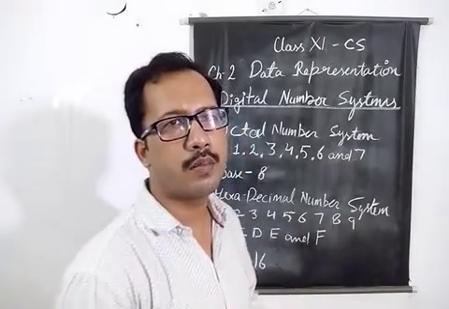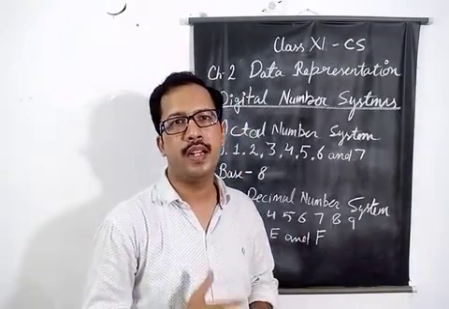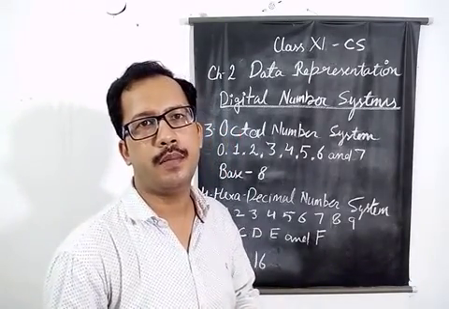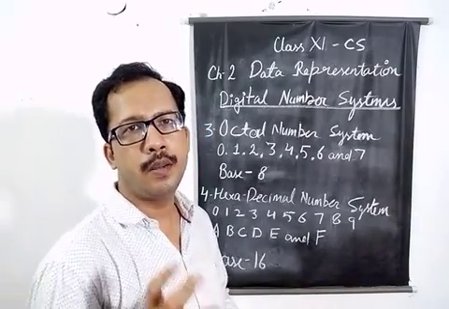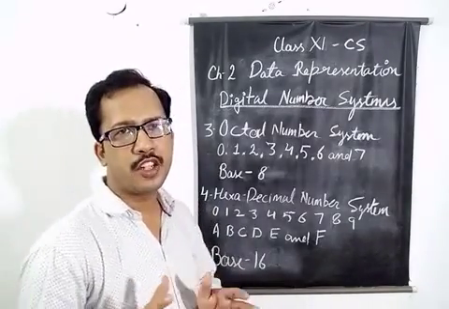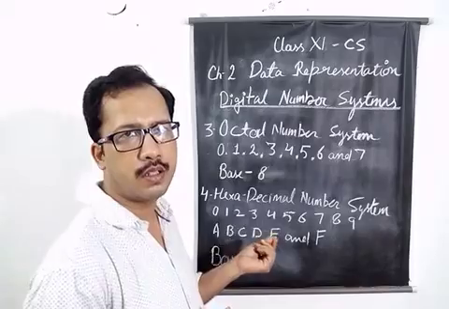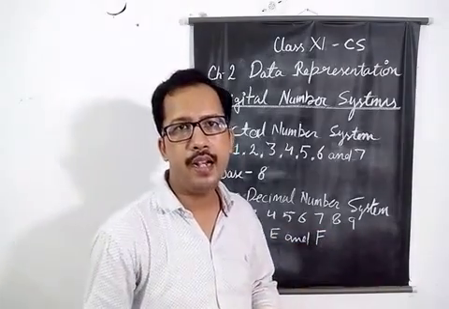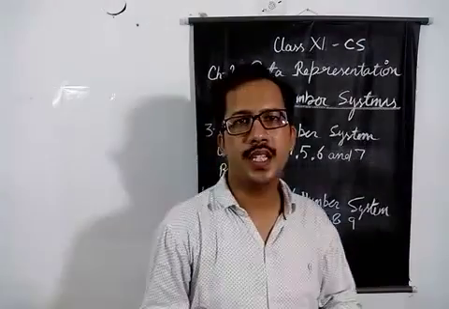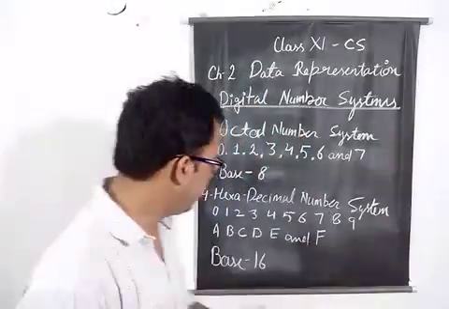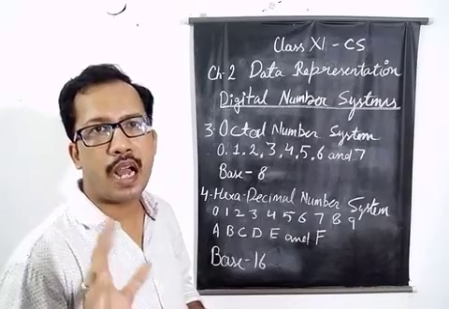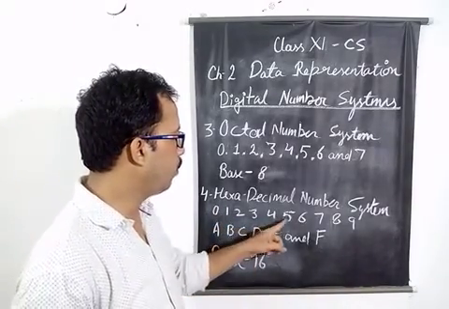Similarly, we have another number system known as the hexadecimal number system. The name says hexadecimal: hex means 6, decimal means 10, and 6 and 10 make 16. So it is a number system of base 16. Base 16 means it has digit symbols from 0 to 9 and letters from A to F. So the unique digit symbols are 0, 1, 2, 3, 4, 5, 6, 7, 8, 9.